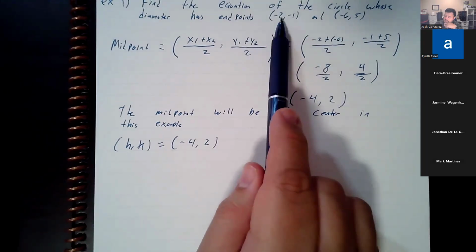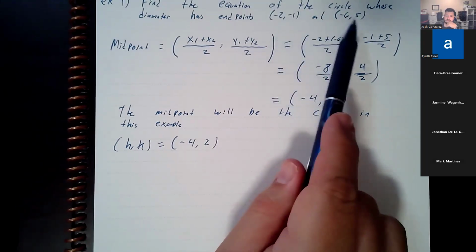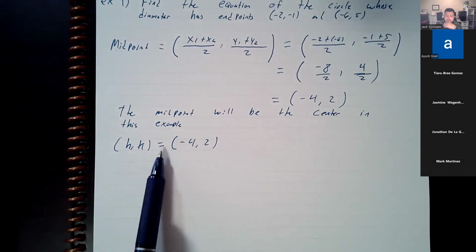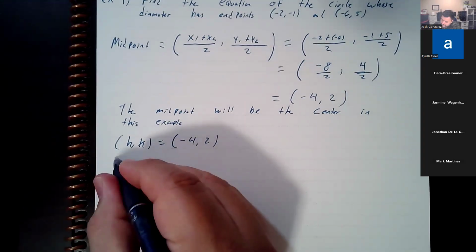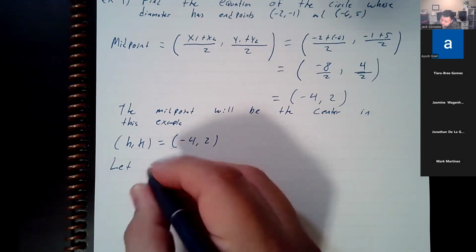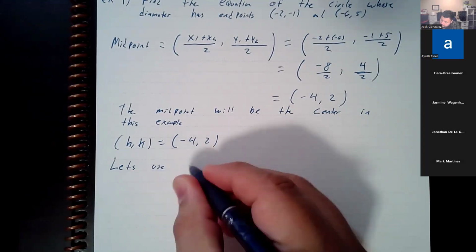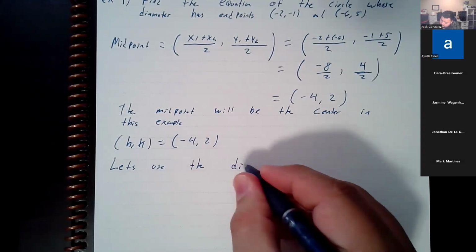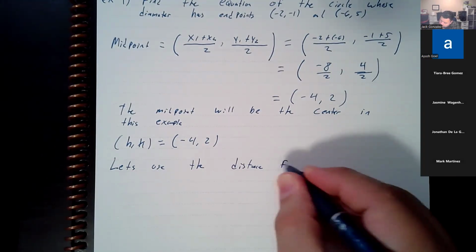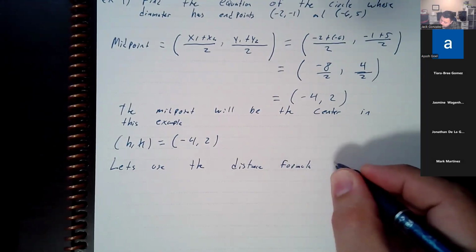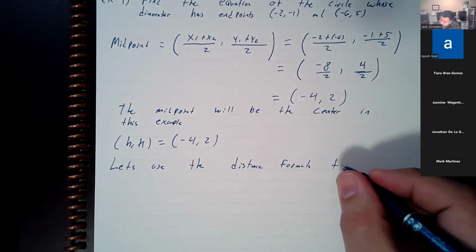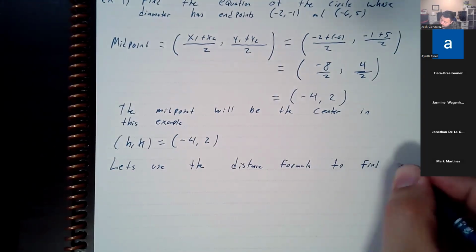And these are on opposite ends of the circle, so you could use either one with the distance. Well, let's try distance this time for fun. Use the distance formula to find the radius.